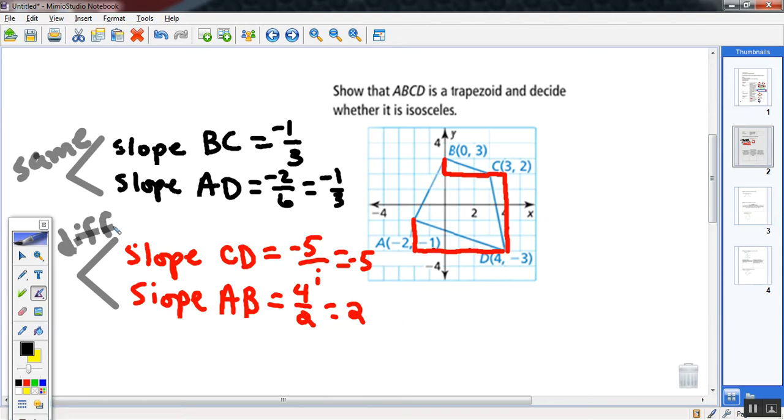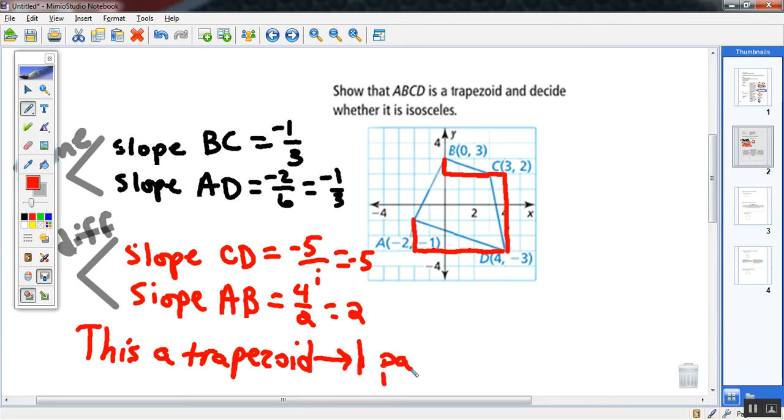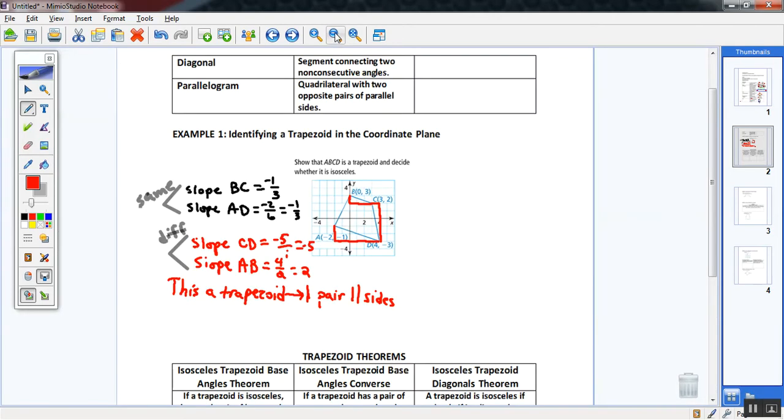Okay, so I'm going to write down here that, first of all, we know it's a trapezoid, because we have how many pairs of parallel sides? 1 pair of parallel sides. It is a trapezoid because there's 1 pair of parallel sides, right, guys? Good. Okay, pay attention for me, please.